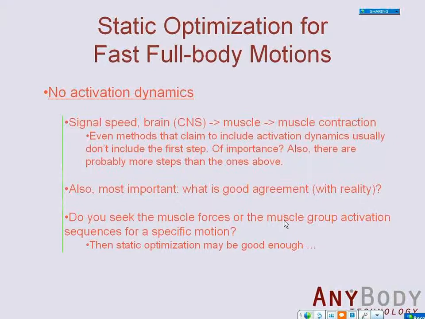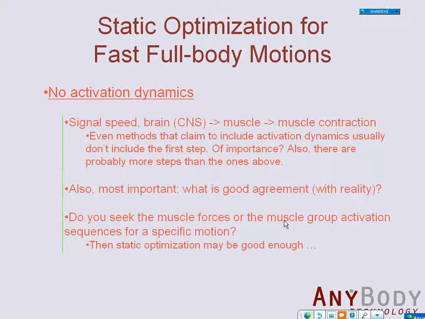Then another important factor here is, what is good agreement? Is it agreement with reality, or is it agreement with EMG? EMG is a method where you still don't really know the relationship between the measured electric potential and the muscle force.